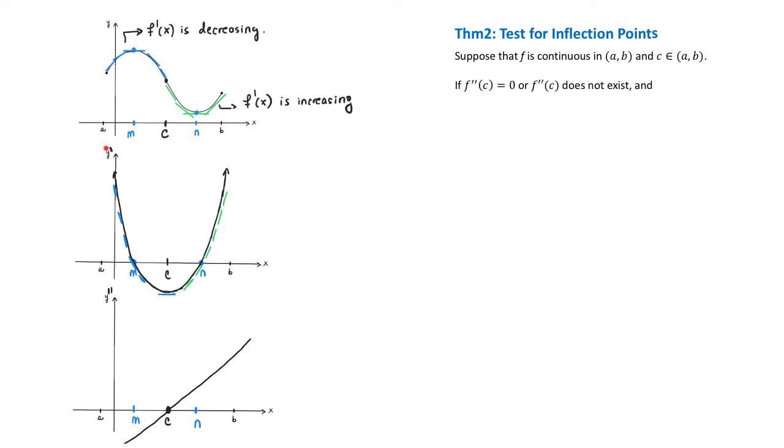When we now go to the first derivative, it is at x equals c where the first derivative turns around. In fact, you can see there that the slope of the tangent line is going to be 0. The tangent line is horizontal at x equals c. Again, x equals c is that turning point of the original function.